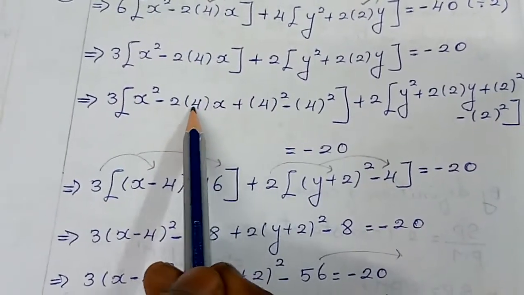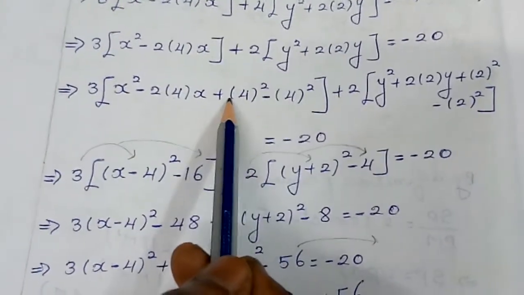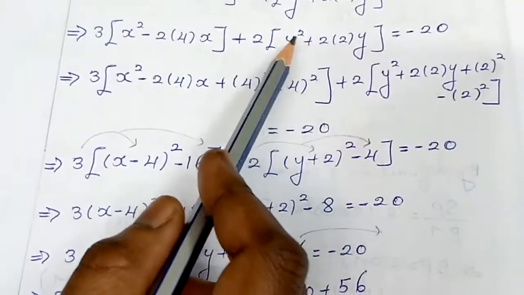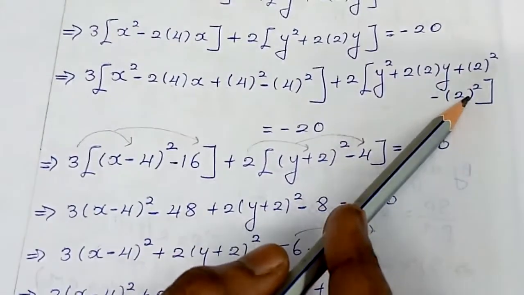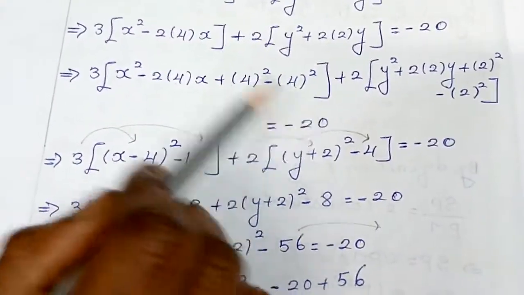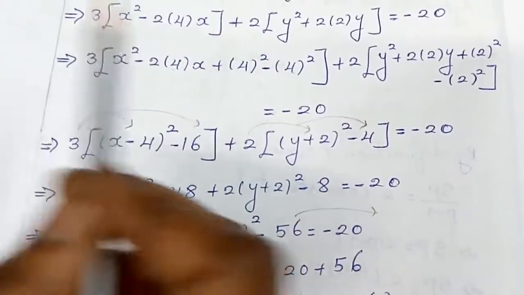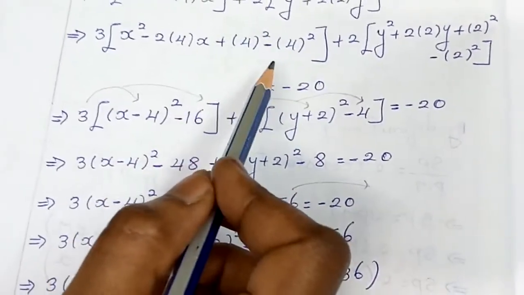The value which is inside the bracket I am going to add and subtract, that is plus 4 square minus 4 square. Similarly, write these values inside the bracket, plus 2 square minus 2 square, add and subtract, equal to minus 20. You may have a doubt, what is the purpose of doing this? To identify whether the equation is going to be hyperbola or ellipse, we are doing this calculation.